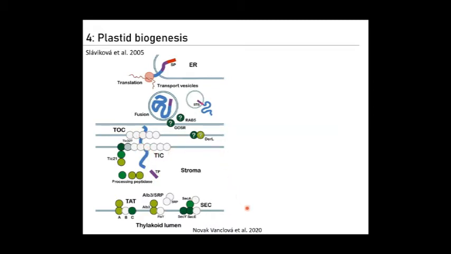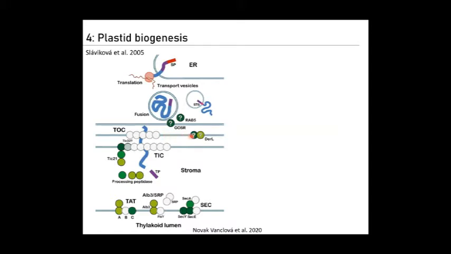And we started with our proteomic data to put the proteins into the picture and identified some of them which might tether and help with the fusion of the vesicles, and we start to see the very modified and rudimentary TIC complex.